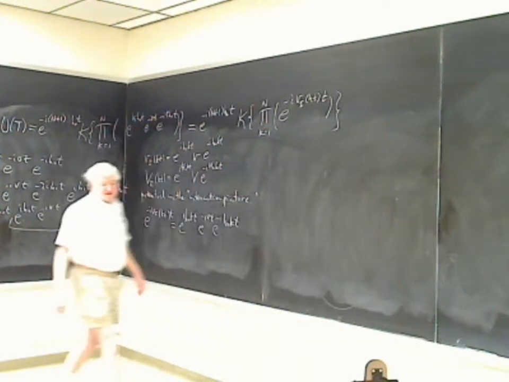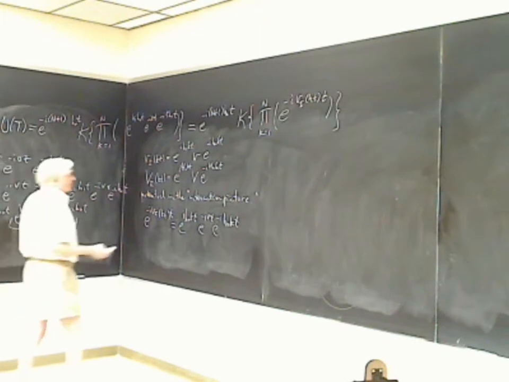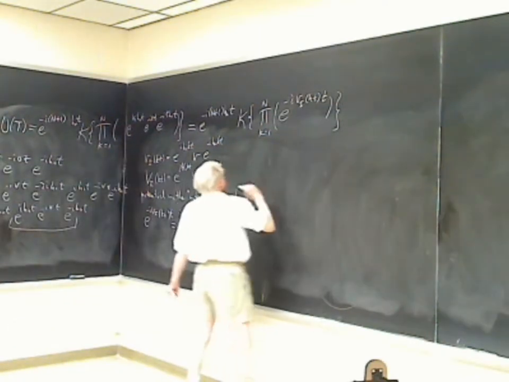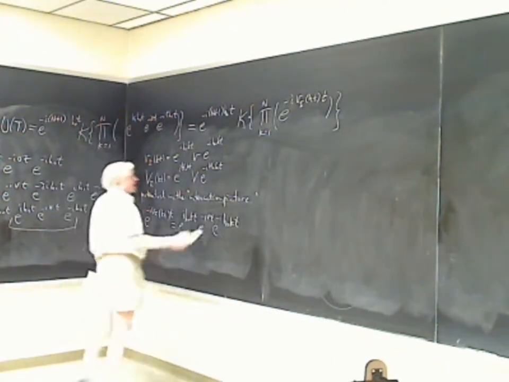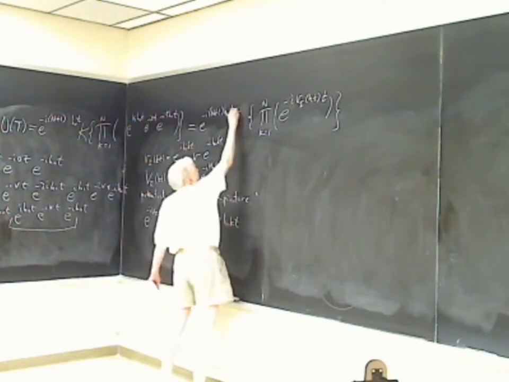Okay? So that's the formula we arrive at then. And in fact, at this point, we can also, if we think of this thing as a time, which it is, we can rename this as a time-ordered product.